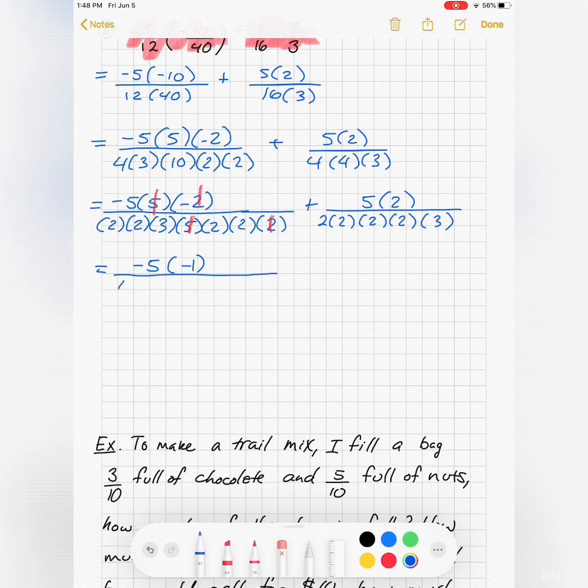And then I'll go ahead and start putting this back together. 4 times 3 times 4. So 5 over 4 times 12. 5 over 48.